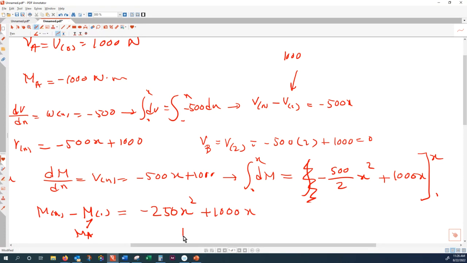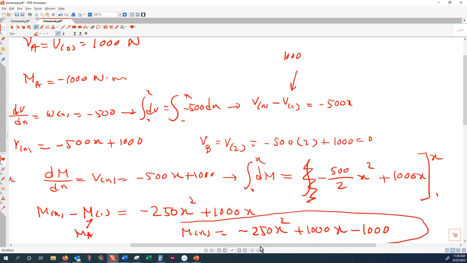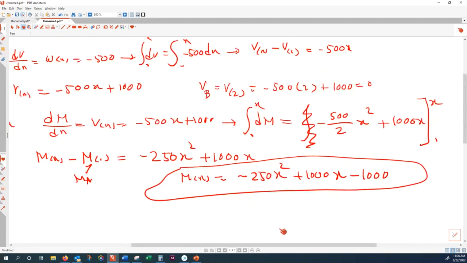That is M of x is equal to minus 250 x squared plus 1000 x minus 1000. That is the expression I have for bending moment.